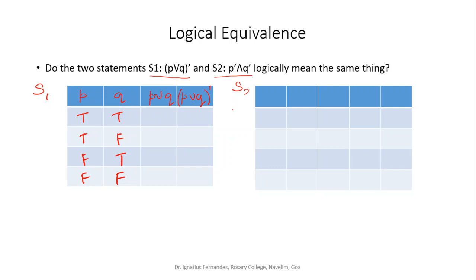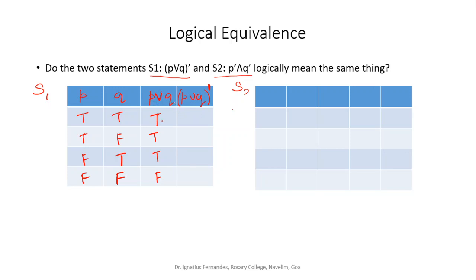Then I write down the truth value for P or Q. We know that OR is true if at least one of them is true. So here both are true, so it is true. This will be true, this will also be true. Here both are false, and we know that OR is false when both are false. And now I want the complement, the negation of this.